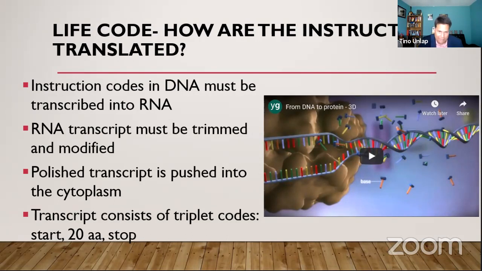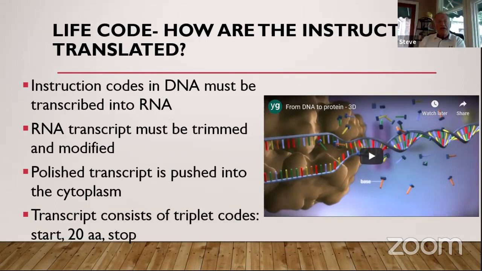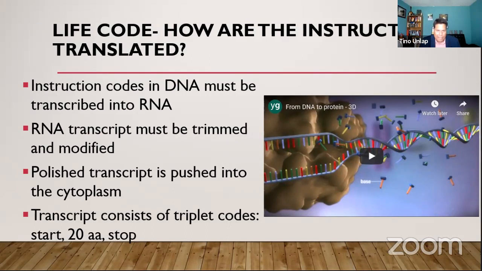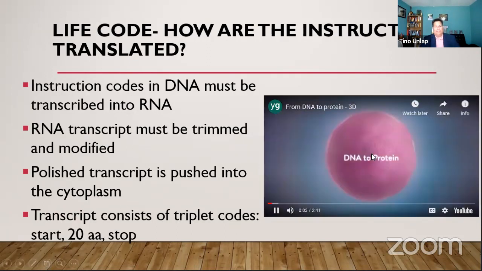It's a very precise process that involves many, many proteins, okay? All within one cell? All within one cell. Let me just play this short video, and then we'll go on to the final slide.